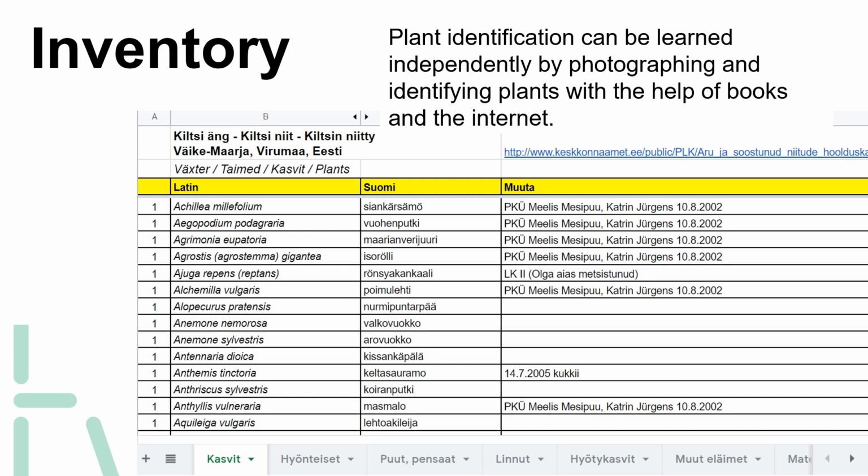And the list is nowadays slowly growing. Slowly I notice or learn some new plants. So it's a long process. And when you manage a semi-natural area, it changes also. Some years you may get some plants and then for 20 years you will not see them anymore.